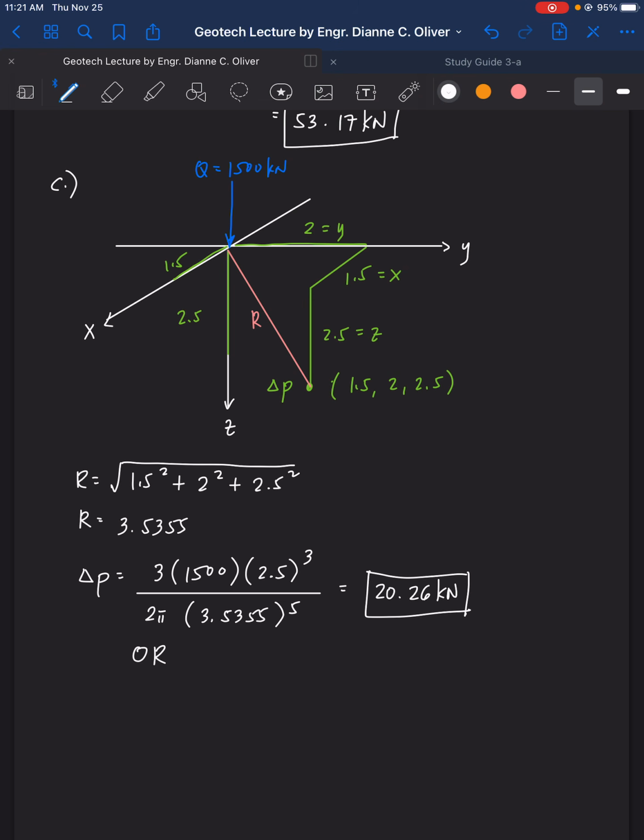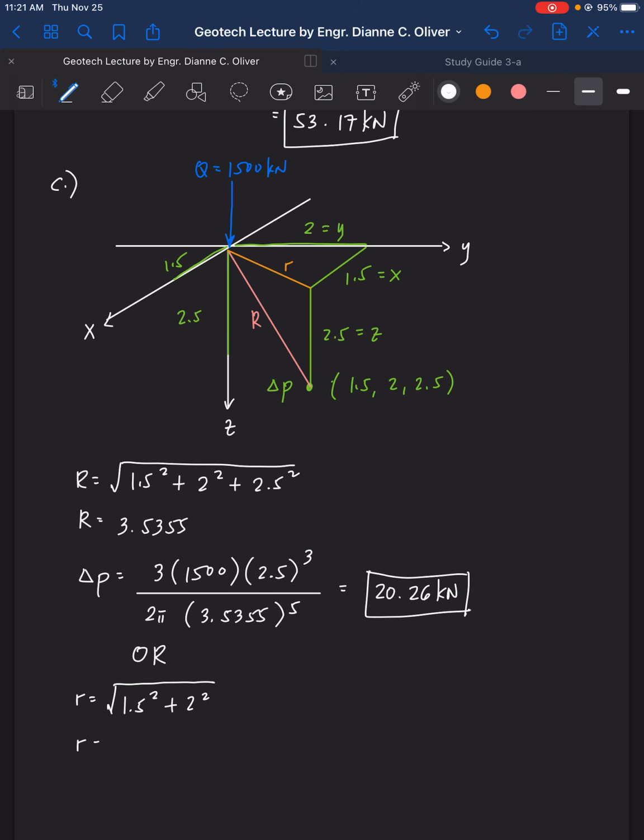Your small r here, you just need the values for X and Y. So find the small r here, square root of X squared plus Y squared.